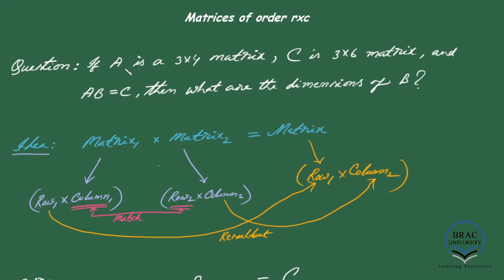Given the dimensions of matrix A and matrix C, we don't know the dimension of matrix B, which is what we would like to find out.